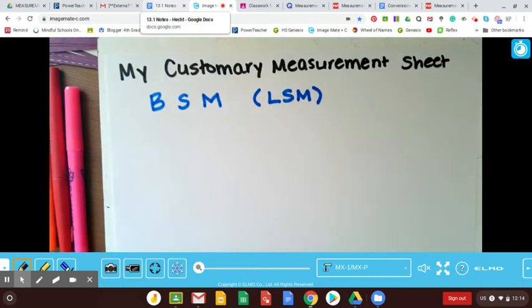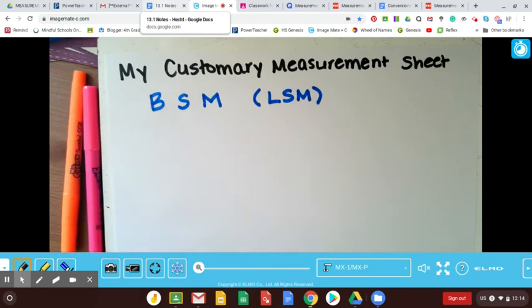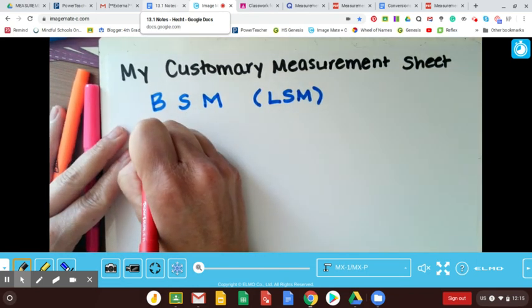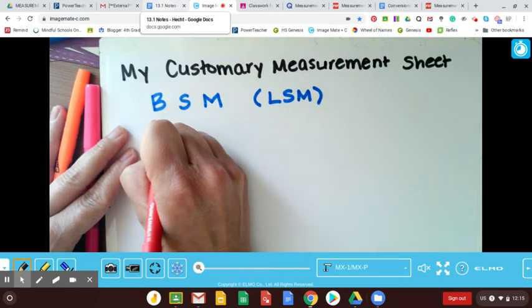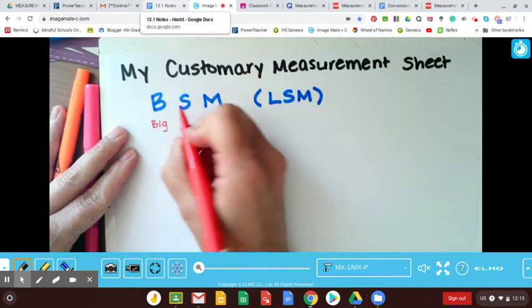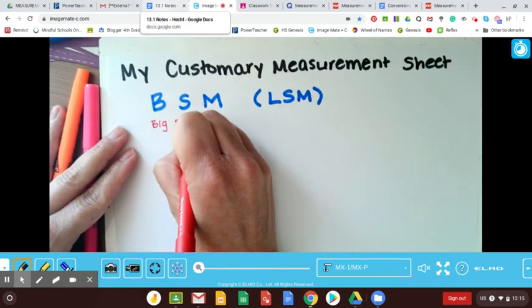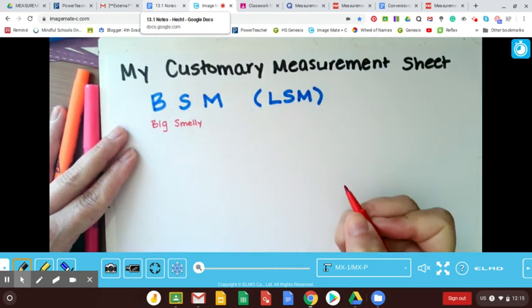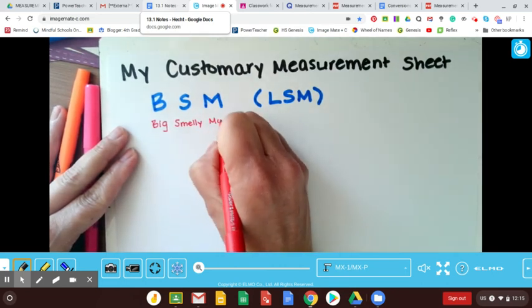And what does that stand for? B stands for big, S stands for smelly, and M stands for monkeys.